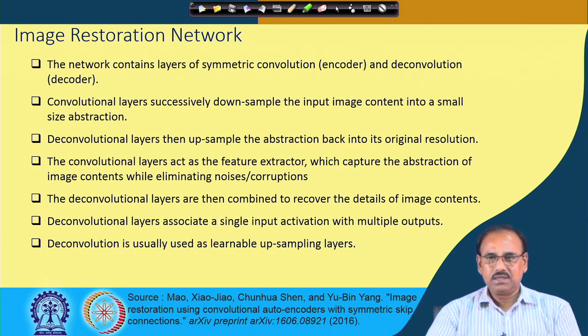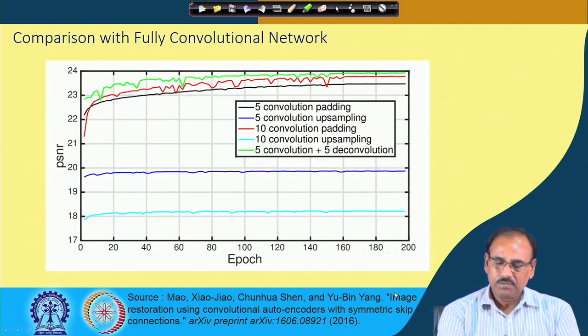So, as a result, when you perform the deconvolution operation, your restored image, though it will be free of the noise, at the same time, because the convolution layer has removed finer details of the image, those finer details will also be lost from your restored image. And that is where your skip connection plays a very, very important role.